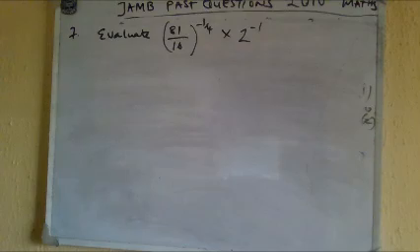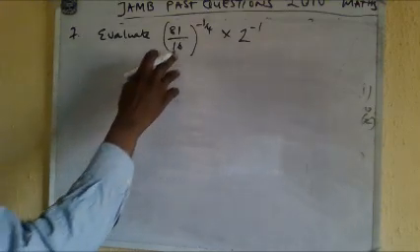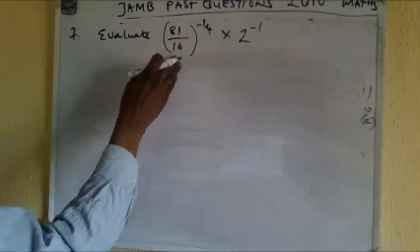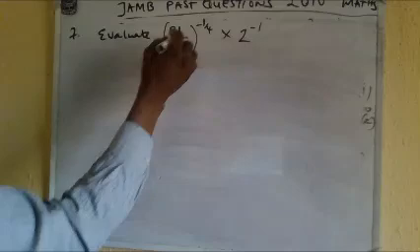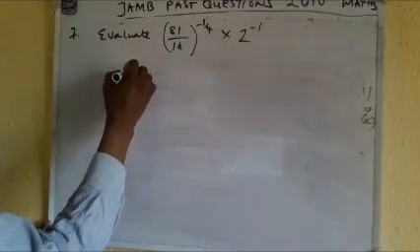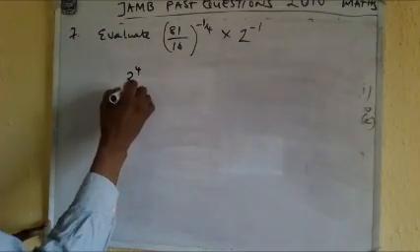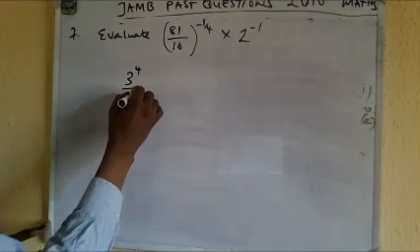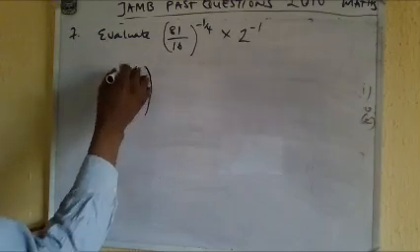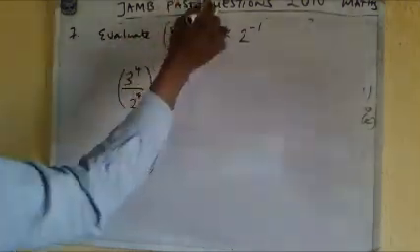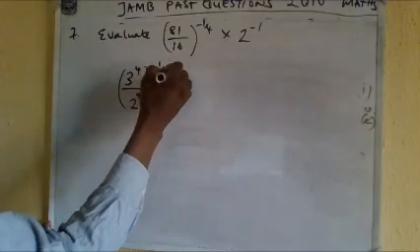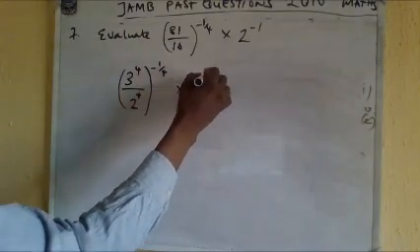So for this particular expression, I can express the terms inside the bracket as indices. 81 is the same thing as 3 raised to the power 4, and 16 is the same thing as 2 raised to the power 4. So I have (3 to the power 4 over 2 to the power 4) raised to the power minus 1 over 4, times 2 raised to the power minus 1.